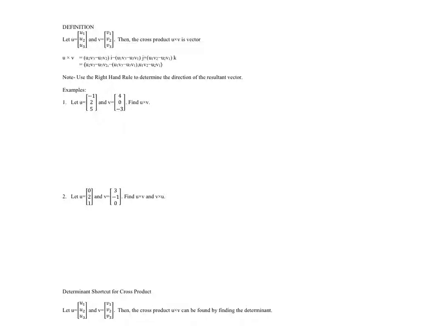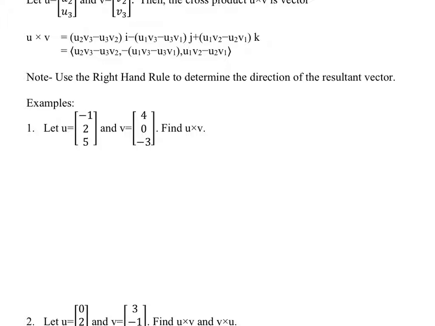All right. So we have vector u and v. What we do is we create a matrix that we're going to find the determinant of. The first row of the matrix is going to be ijk. And next class I'll talk to you about why that's the case.